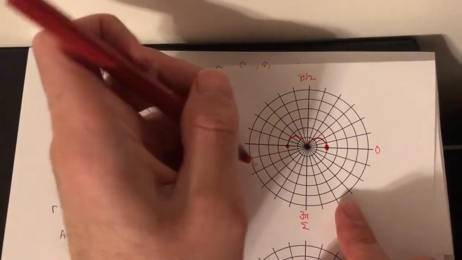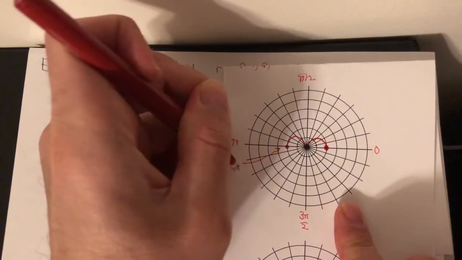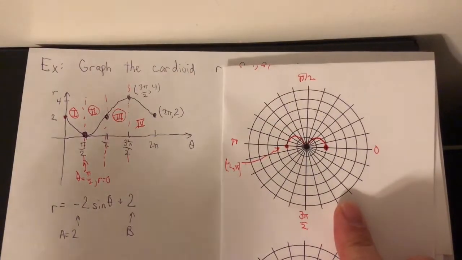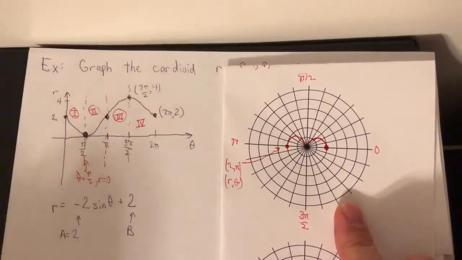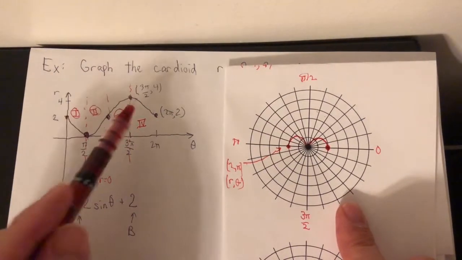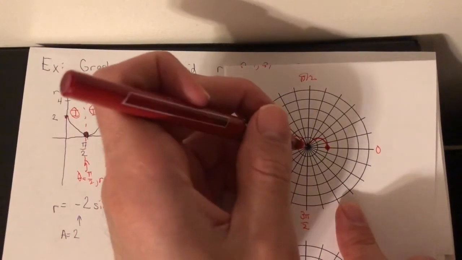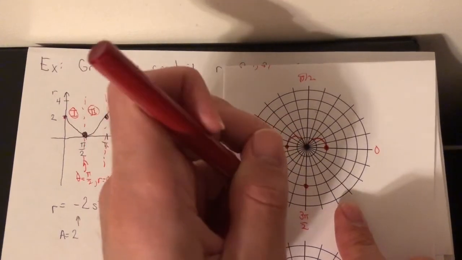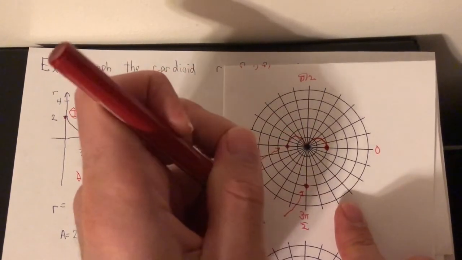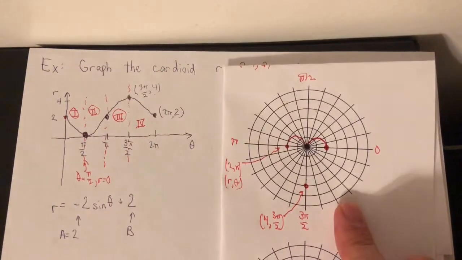So we had the point (2, pi) on the graph here, right? This was r comma theta. And that's going to increase to a distance of 4 units from the pole at an angle of 3 pi over 2. So 1, 2, 3, 4 units from the pole at an angle of 3 pi over 2.